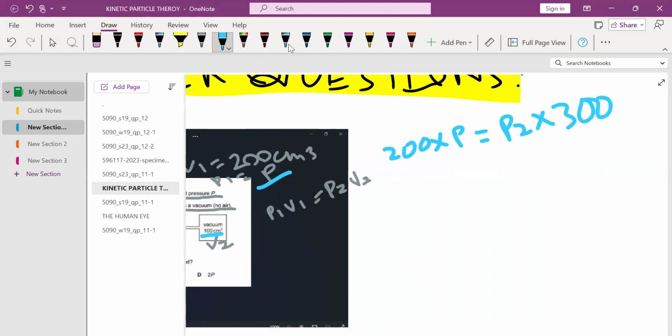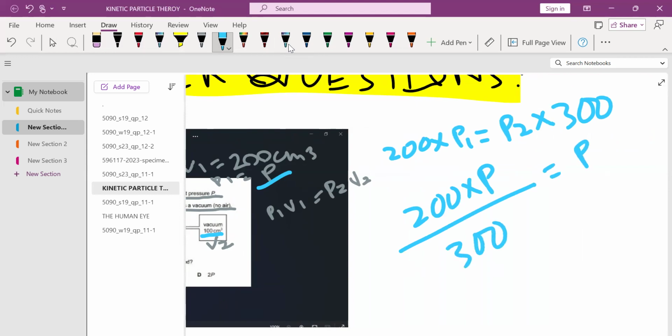So the V2 would be 300. So now 200 into P, the pressure 1, divided by 300 equals P2. 200 and 300 cancel. So the final pressure P2 is 2 divided by 3 P.